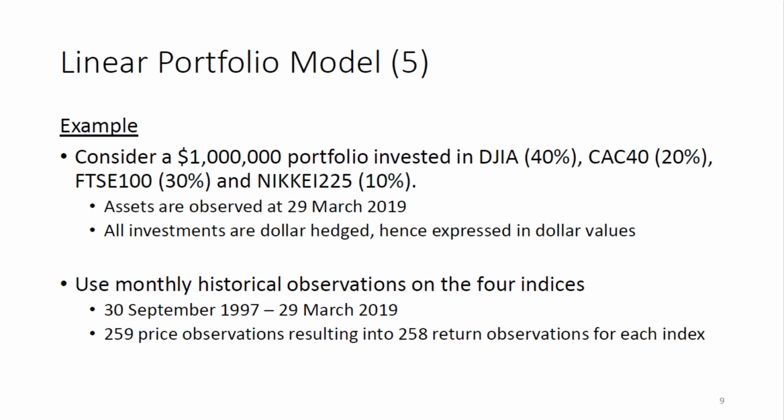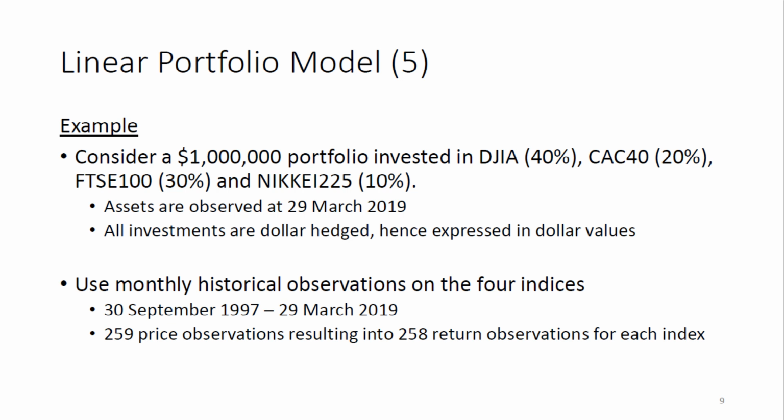So we can forget now about currency risk. The only focus is return risk. So we can work further under the assumption that all these returns are dollar denominated, and we can simply add them up.